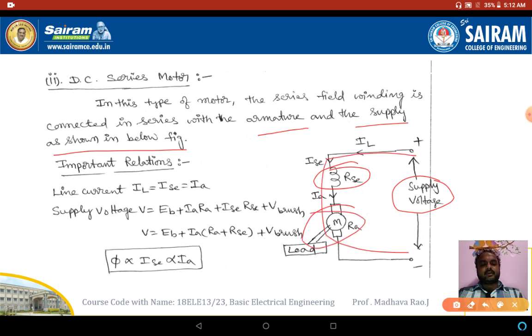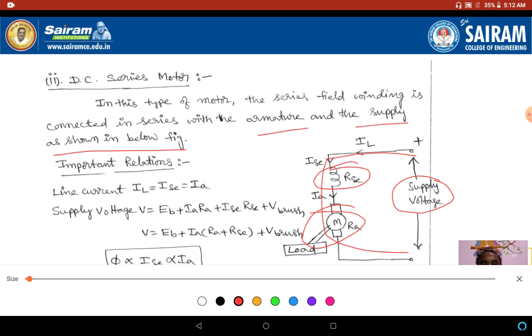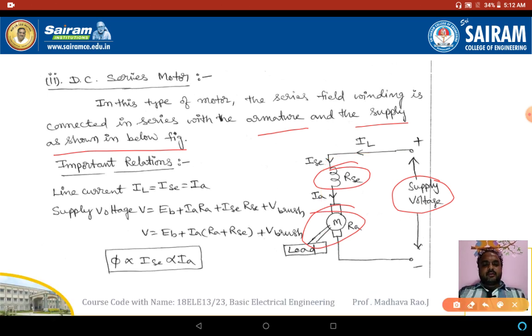This is the series field. Coming to the important relations, IL is equal to ISC is equal to IA, so the current flowing in this path is the same. Next, supply voltage V is equal to EB plus IARA plus ISC RSC plus V brush drop. Flux is proportional to ISC, which is proportional to IA.